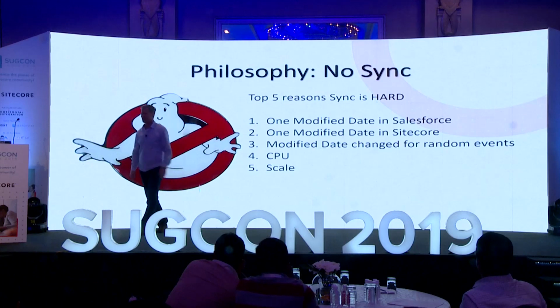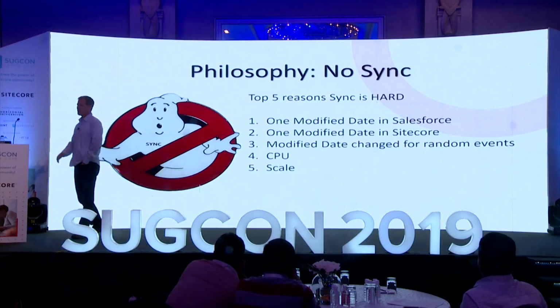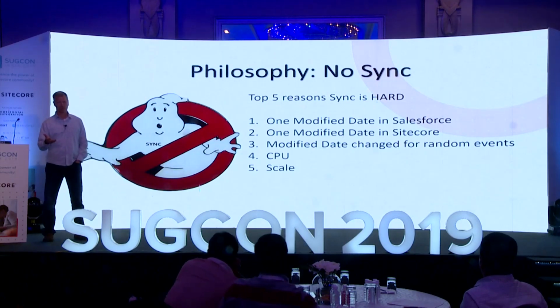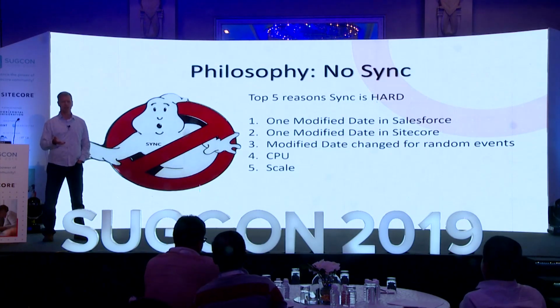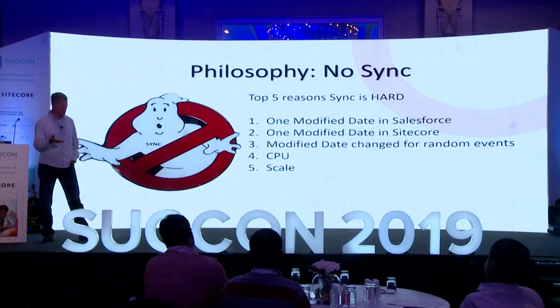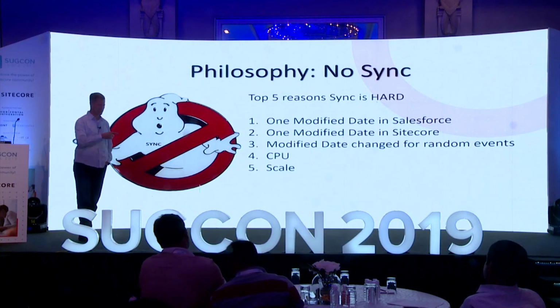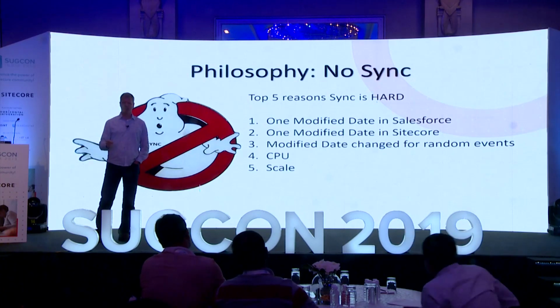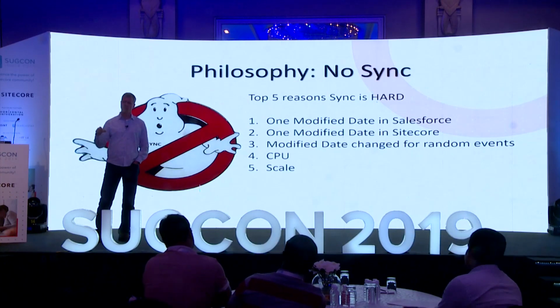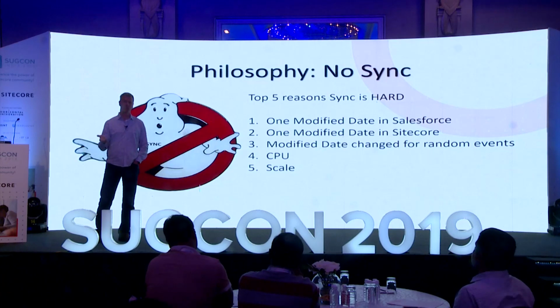This is a complication. The modified date changes in these records, and it changes for things that you may not foresee. For example, one of our use cases deals with this. A Salesforce admin goes in and changes the object by making a custom field. People do this all the time.